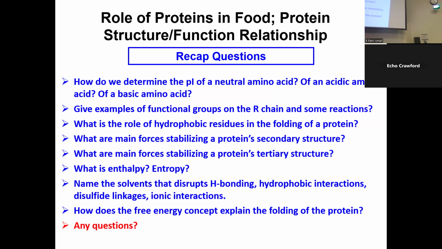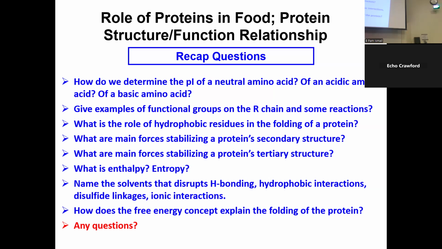Yeah, they induce folding because they want to interact with each other. They don't want to interact with water. So they start hiding from water and they bring those residues within the chain closer to each other.